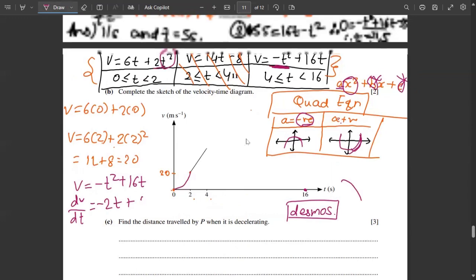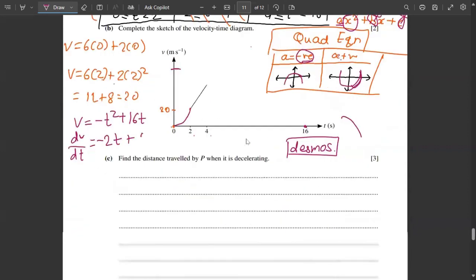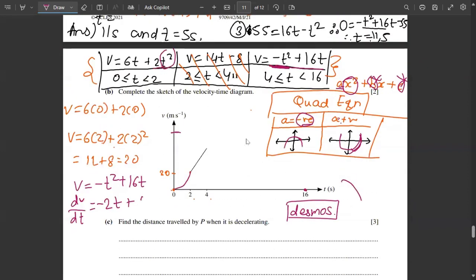Which graph? Minus t square plus 16t. And that we'll find using derivative. We'll have to find the highest velocity point and the time at which the highest velocity point occurs. So now let's start finding that. Technically what we have to find right now is the, one second, I'll erase this.